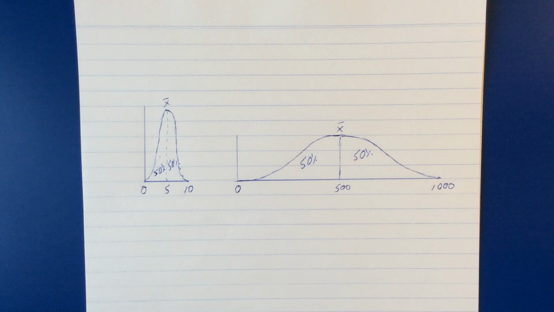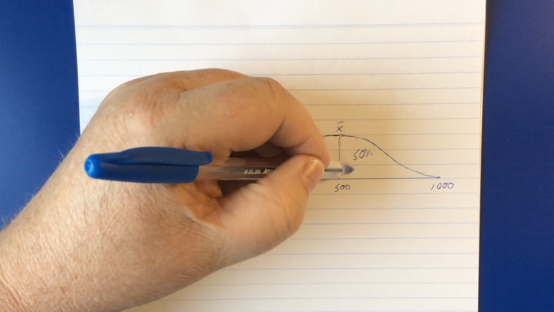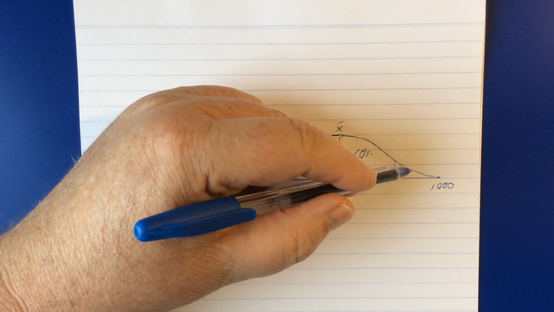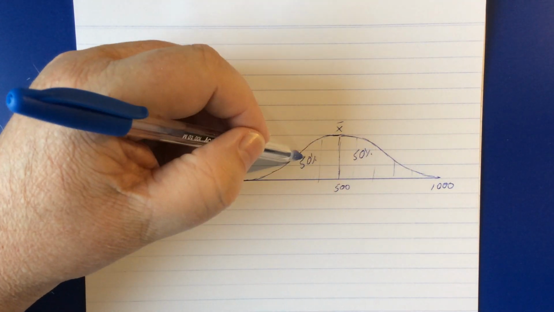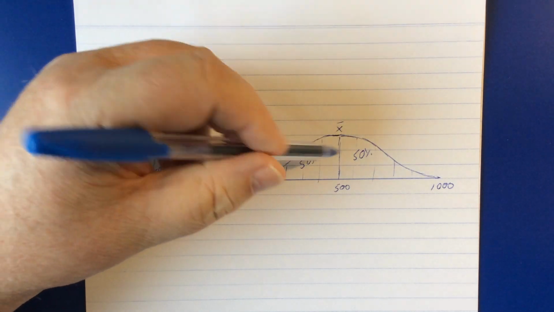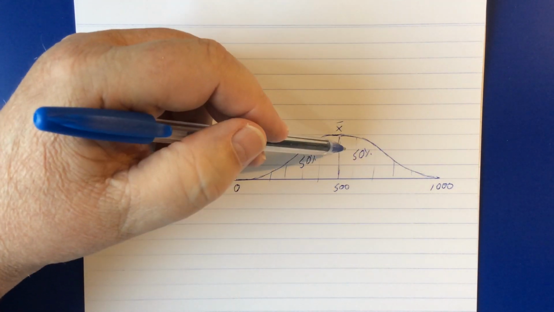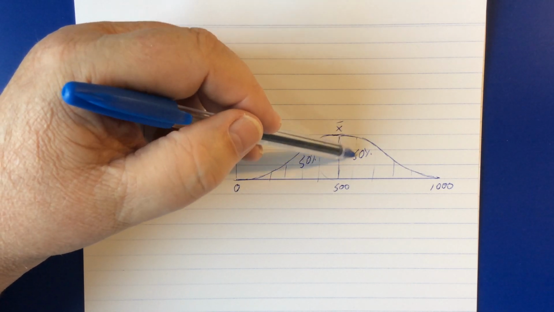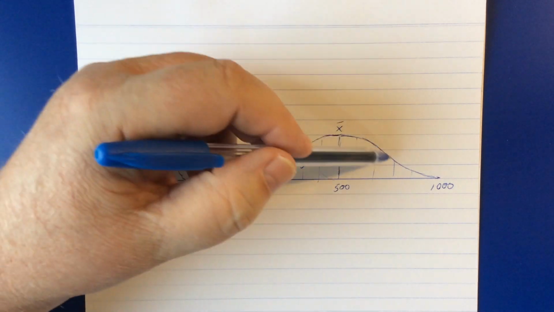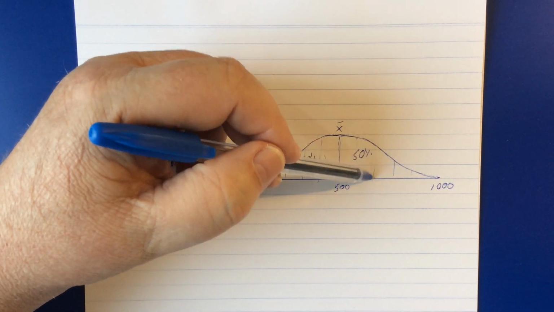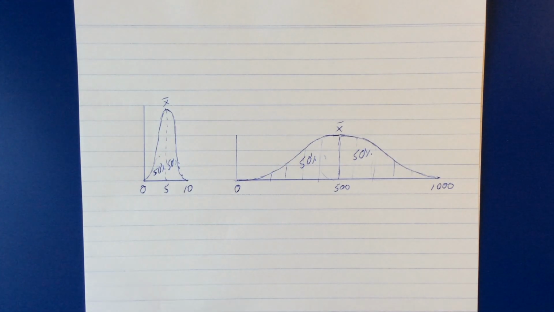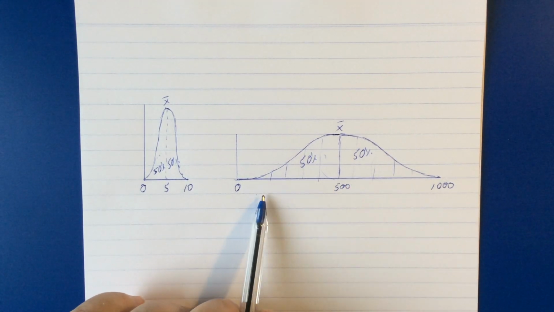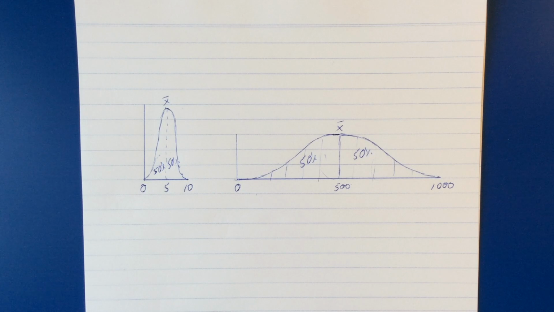And as a little teaser for what is to come, I just want to say that it is possible to break these areas up into smaller and more manageable parts. So we can come to an understanding of how much data is in here, or perhaps how much data is in here. And I'll name what these breaks are. They're called standard deviations, and they're the subject of another video.